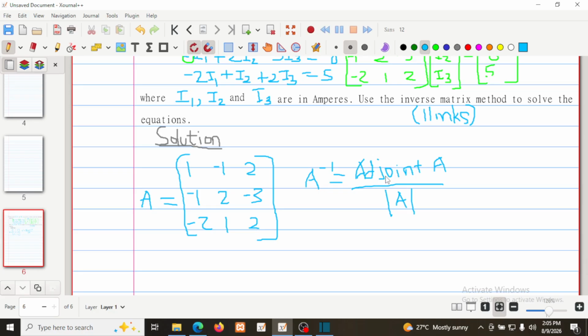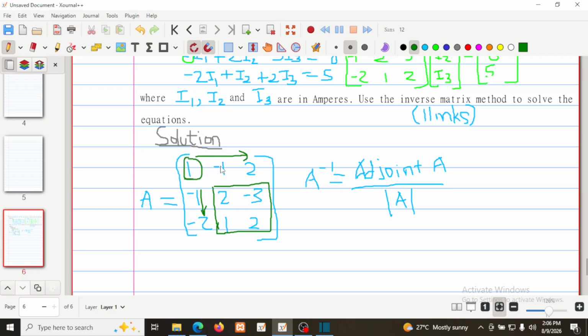To determine the adjoint, we have to first find the determinants of the 2 by 2 matrices. For example, for this element 1, we eliminate the row and the column concerned with it. Then we take the remaining 2 by 2 matrix, find its determinant, and replace the 1 with it.